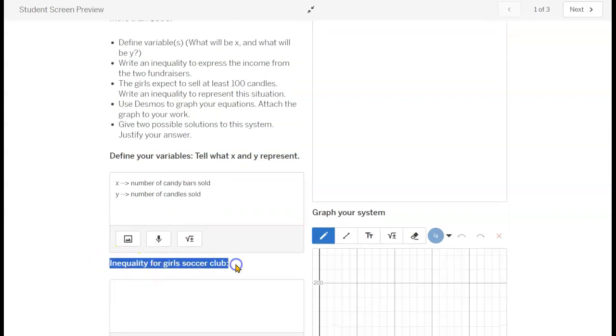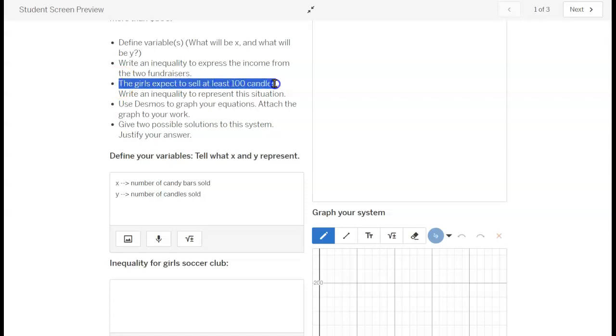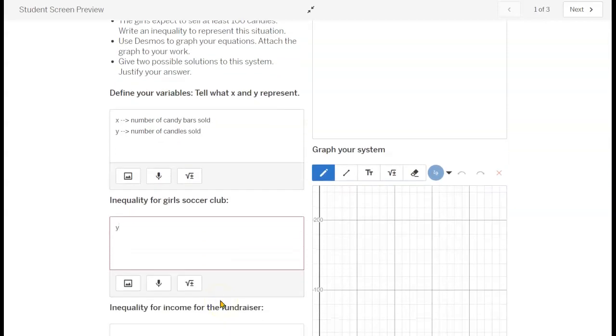The next blank I have here is the inequality for the girls' soccer club. It says the girls expect to sell at least 100 candles. So we're looking at selling at least 100 candles. So my variable here is going to be Y. Actually, I'm going to erase that. I'm going to use this little math button here where it says type math. And then I'm going to do Y. And we want to sell at least 100.